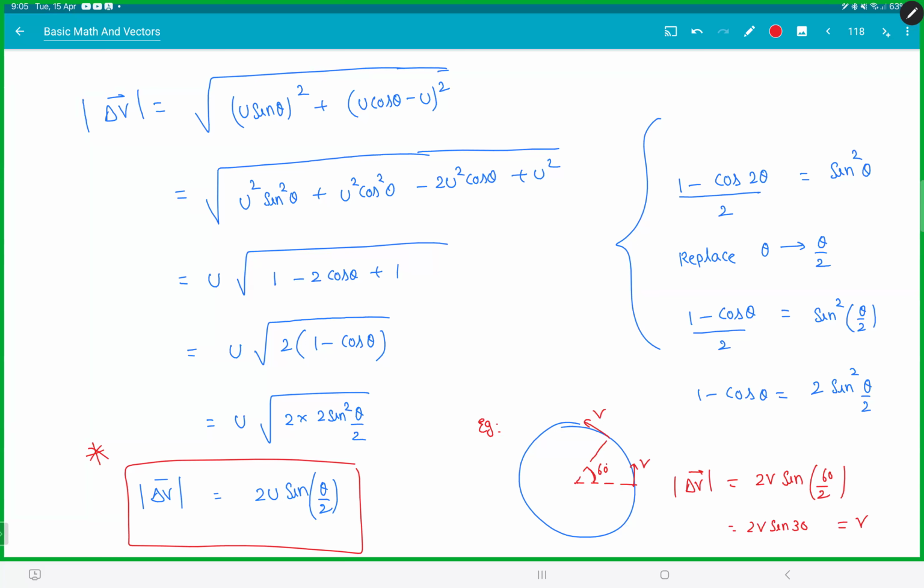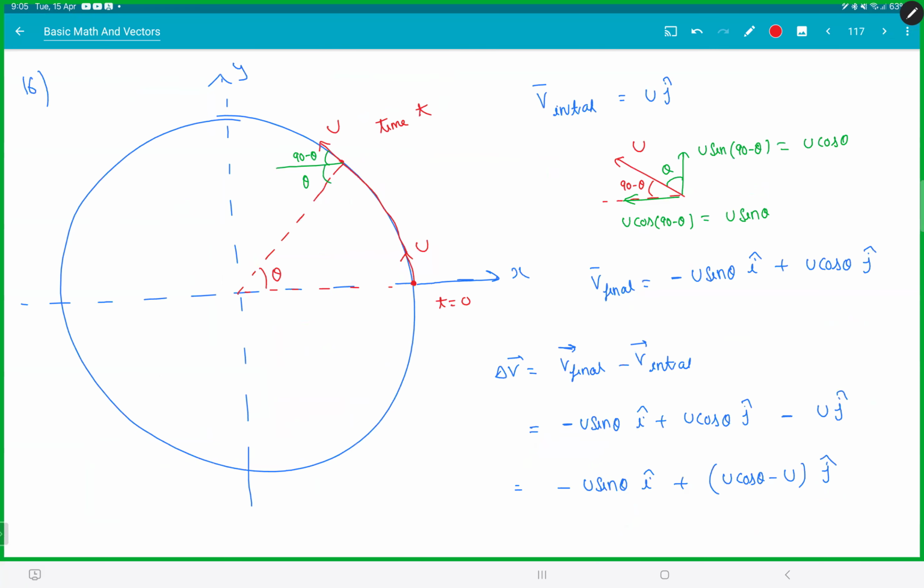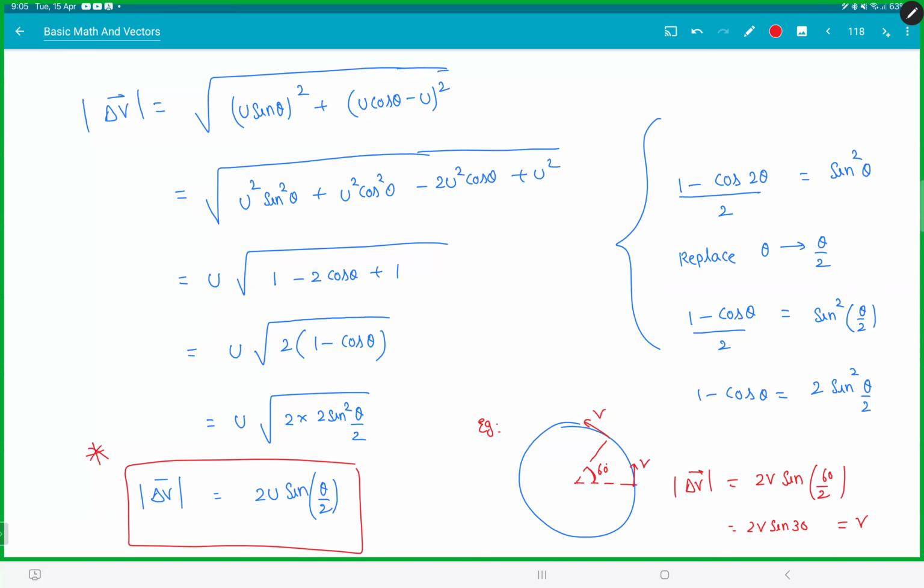This was a Mains question long back, but this is the kind of question you'll get in CET or BITS. In Mains, if you're lucky, you'll get something like this once in a while. You should know the result. If you don't know the result, then you have to derive all this stuff.